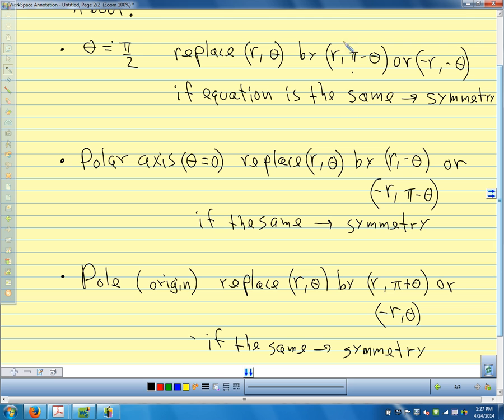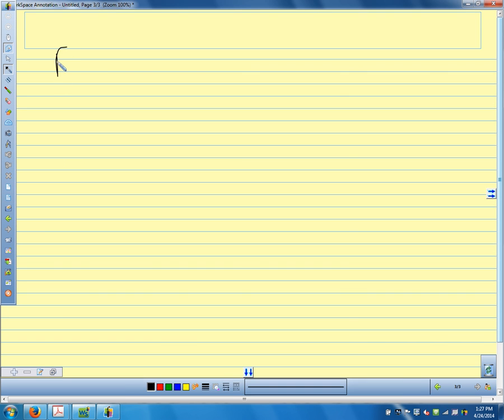Before we talk about the shortcuts, I want to give you some reminders that will help you. Back to chapter 4. Sine of negative theta.